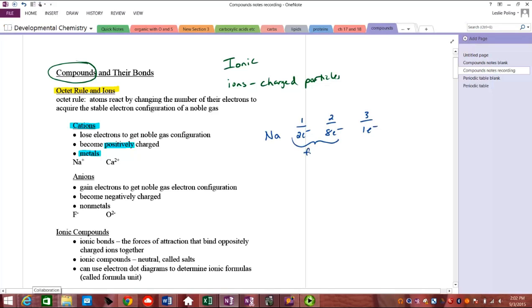And that is full, like neon, a noble gas. So we lose that electron, and that's why it ends up with a positive 1 charge. Because it has 11 protons and only 10 electrons.